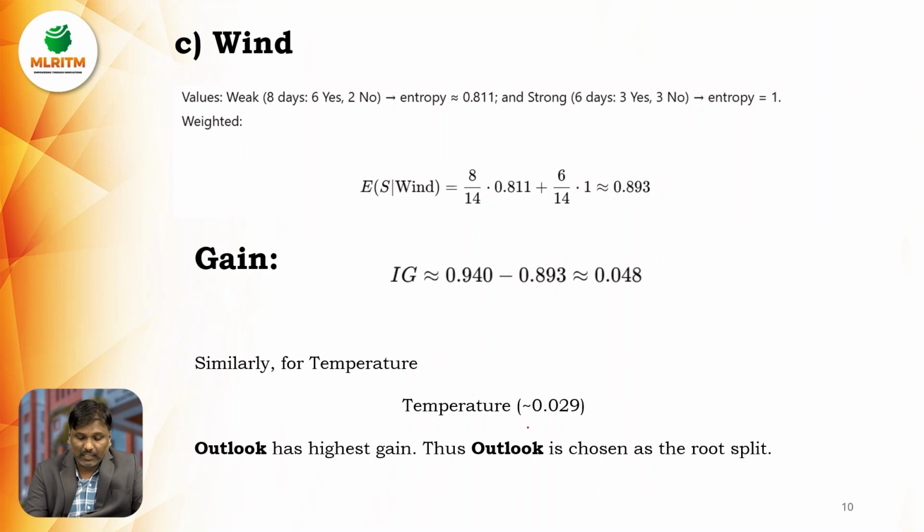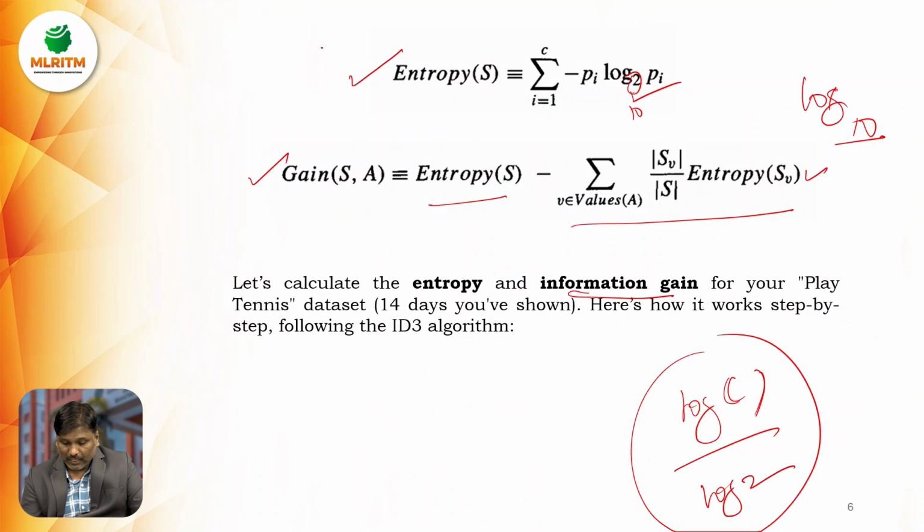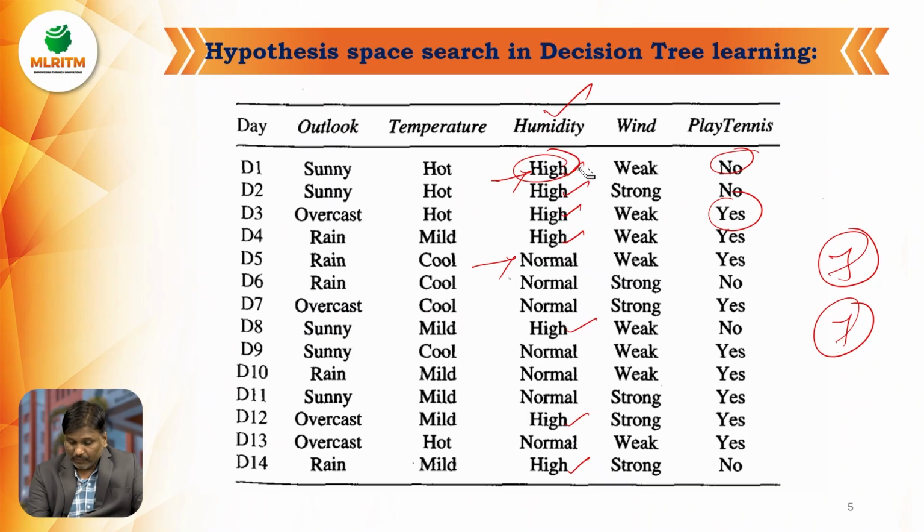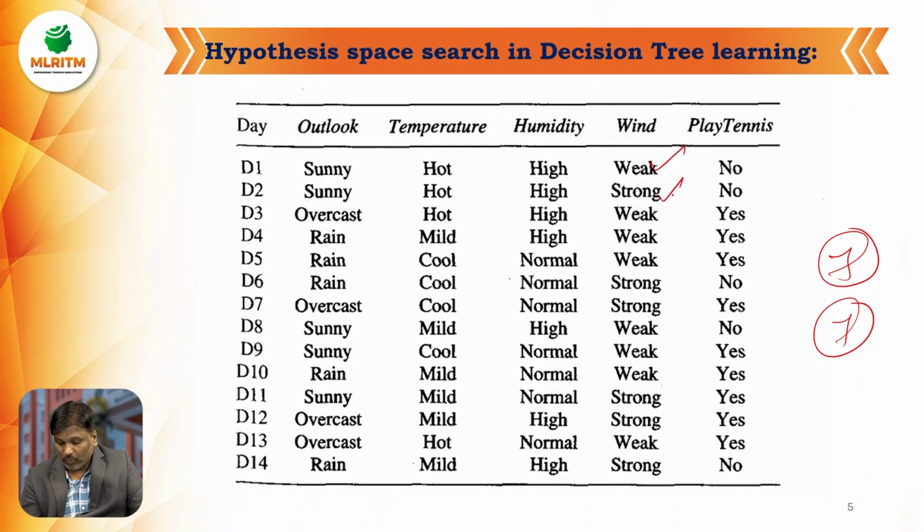And next, the third one is wind. If you observe the data set, the wind condition, how many instances do we have? Weak and strong. Only two different instances are there. Again, we identify how many weaks there are: 1, 2, 3, 4, 5, 6, 7, 8.